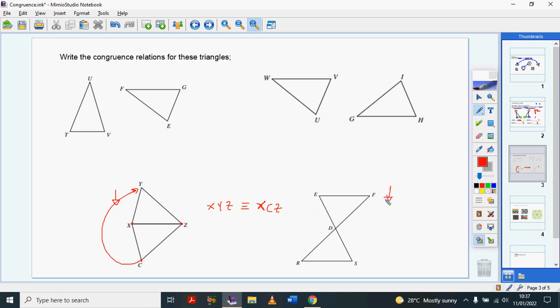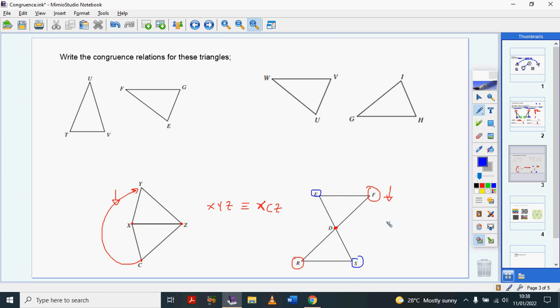And then in this one here, this vertex is the same for both the triangles, right? And I hope you can see if I twist this triangle like this, in that motion, and then I flip it onto this one here, vertex F is the same as vertex R, and vertex E is the same as vertex S. Imagine twisting it and then flipping it back onto the other one.